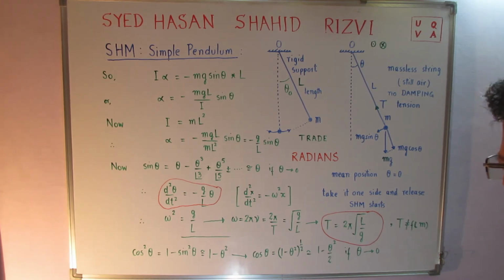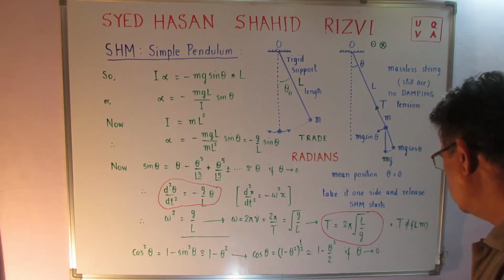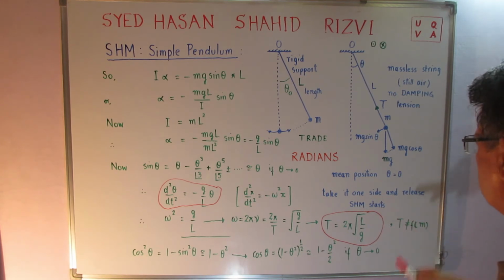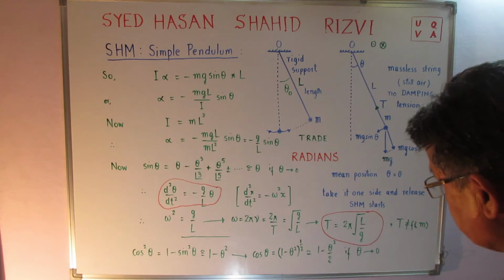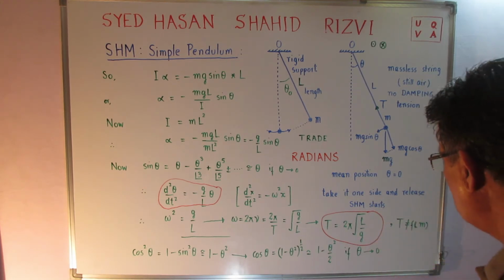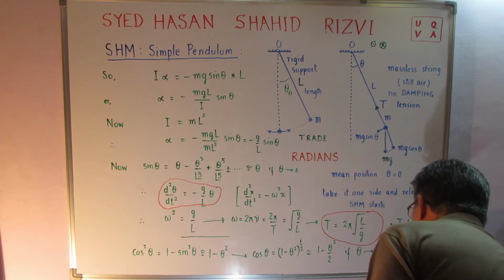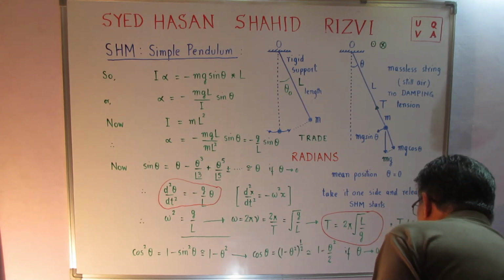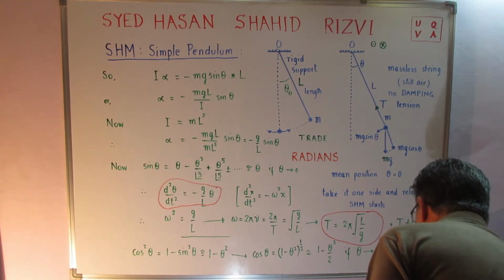Now there are two things. One I have written over here, that this time period or this frequency is independent of the mass over here, and as long as theta tends to 0, this is also not a function of the amplitude, which is theta naught.